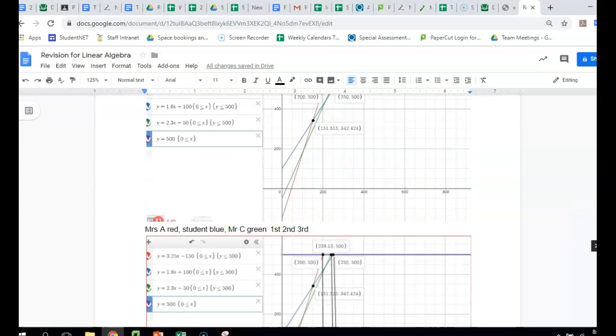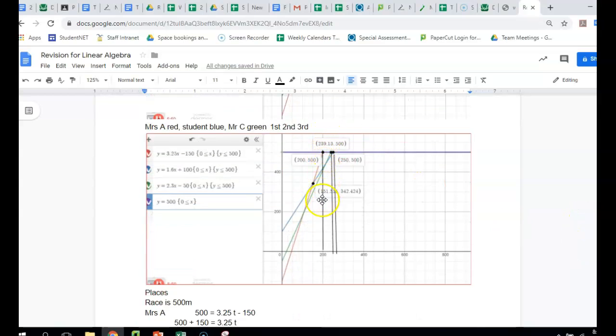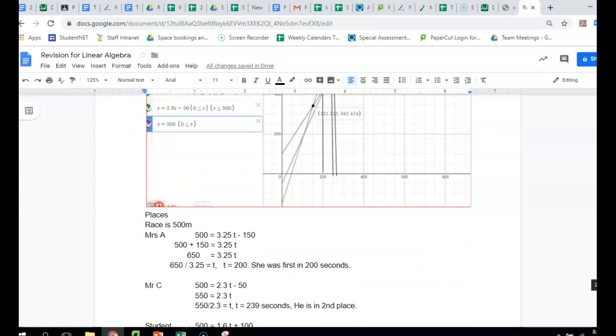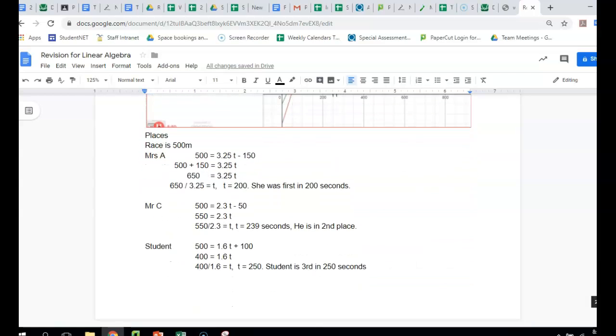Then you need to draw lines down from the finishing times, to show that you can read the times off the graph when the students finished. You also need to do some algebra to prove when they finish. Mrs. Albertson's race was 500 metres, everybody's race was 500 metres. Her equation was D equals 3.25t minus 150, so we want to find the t she took to do 500, using algebra.